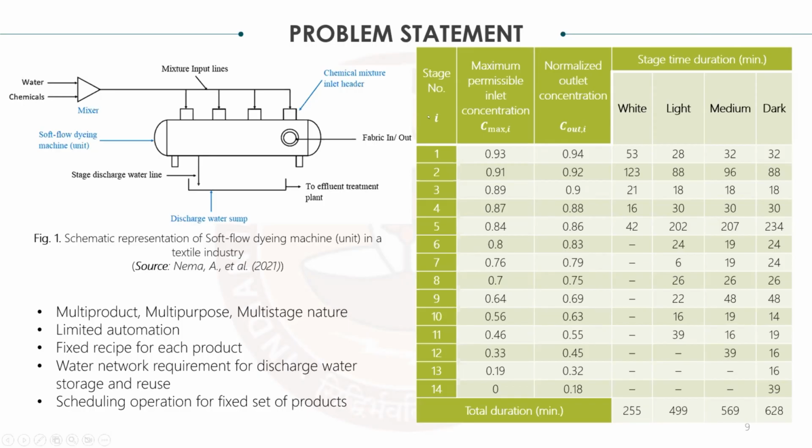So we have 14 stages, as I said, and we have an idea about the maximum permissible concentration in each stage. There is a very high concentration of contaminant allowed in the first stage, and very low or close to 0 in the last stage, right?